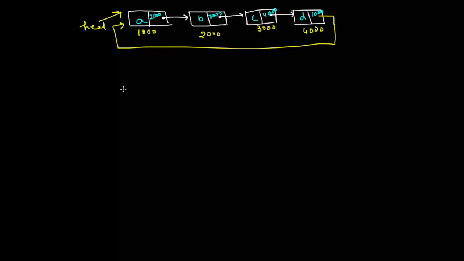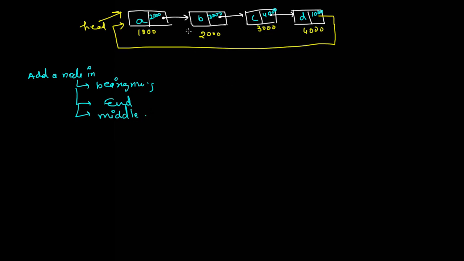Okay, now the first function is add a node in the beginning. Okay, and then you will be adding a node in the end. Okay, and then you will be adding a node in the middle of the linked list.